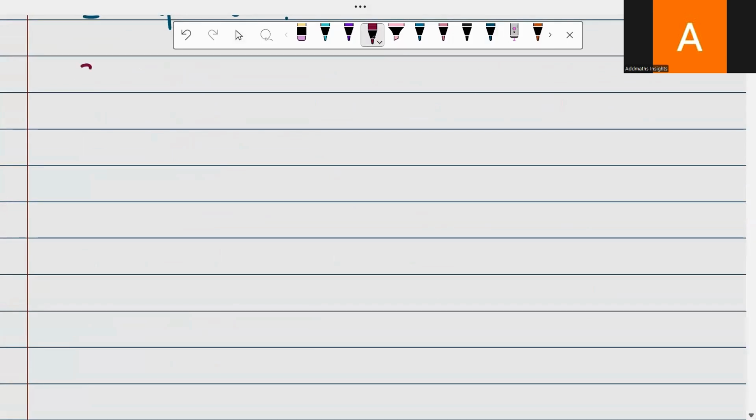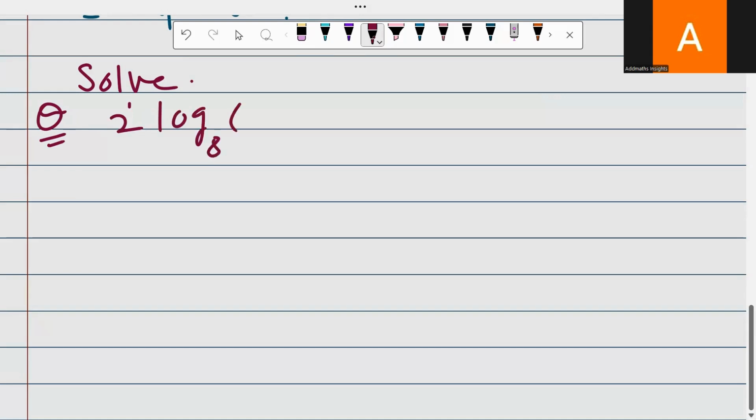Example question: solve the following equation, 2 times log 8 of x plus 2 is equal to log base 8 of 2x plus 19.